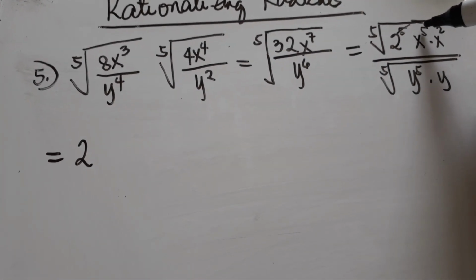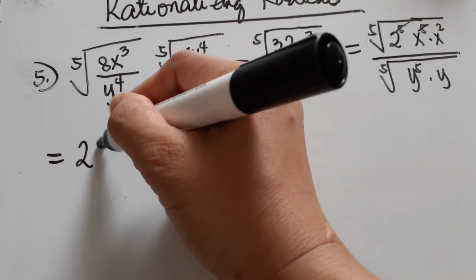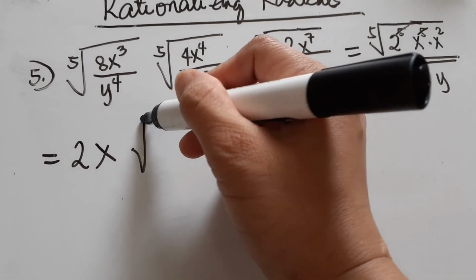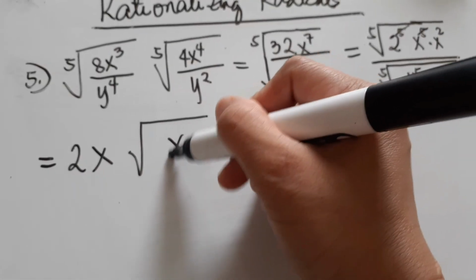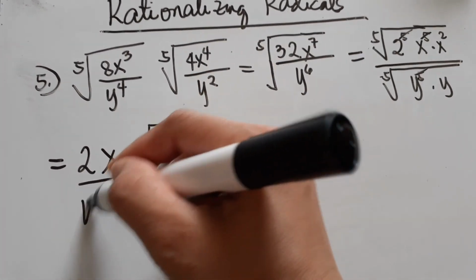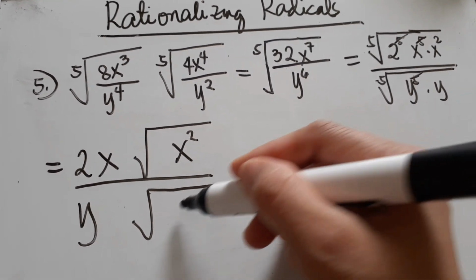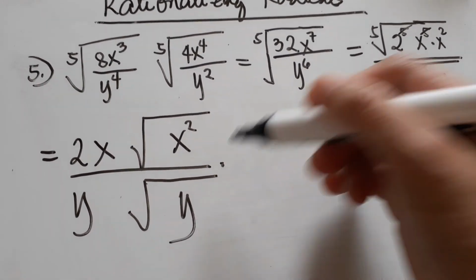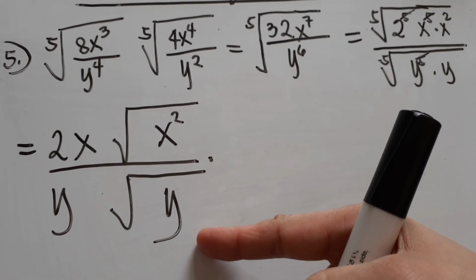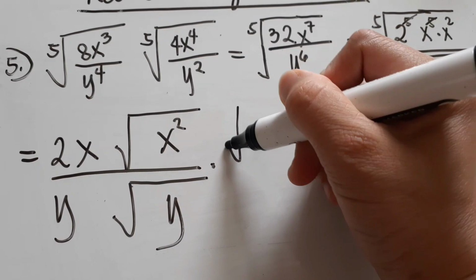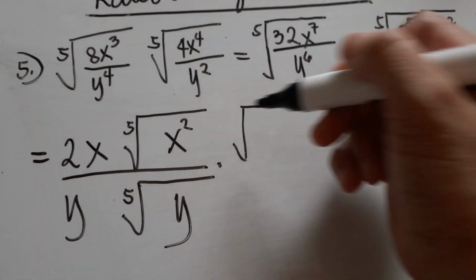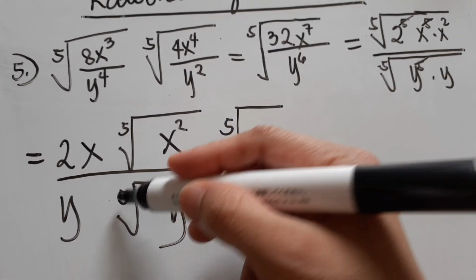We roll out 2 and x, and the remaining is the fifth root of x squared over, rolling out y under the denominator. So 2x. Don't forget to put the index, which is the fifth root.